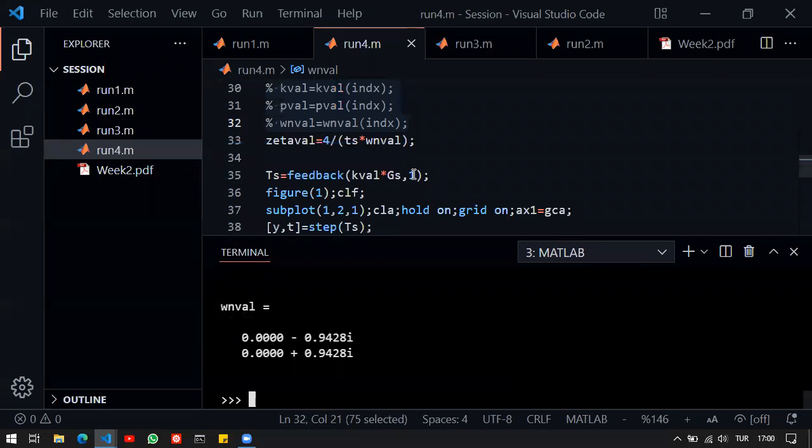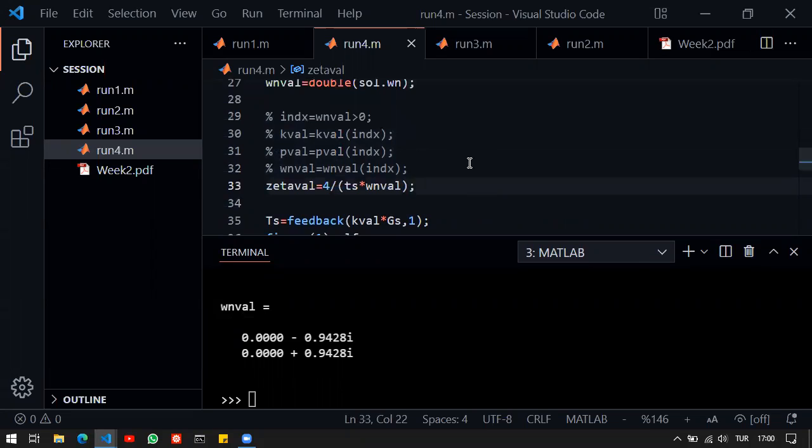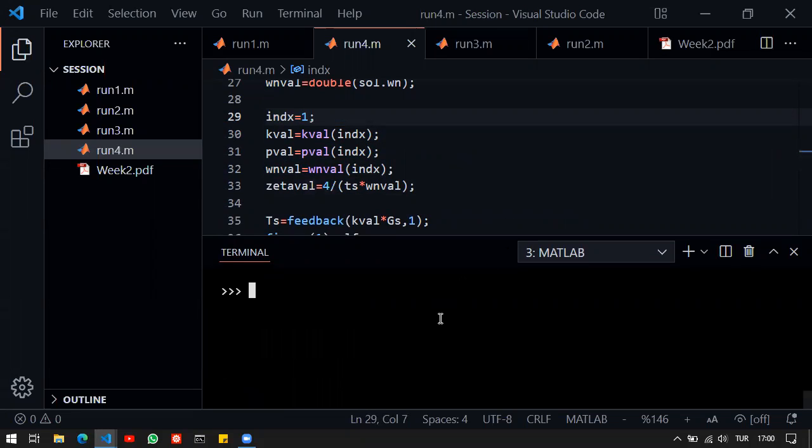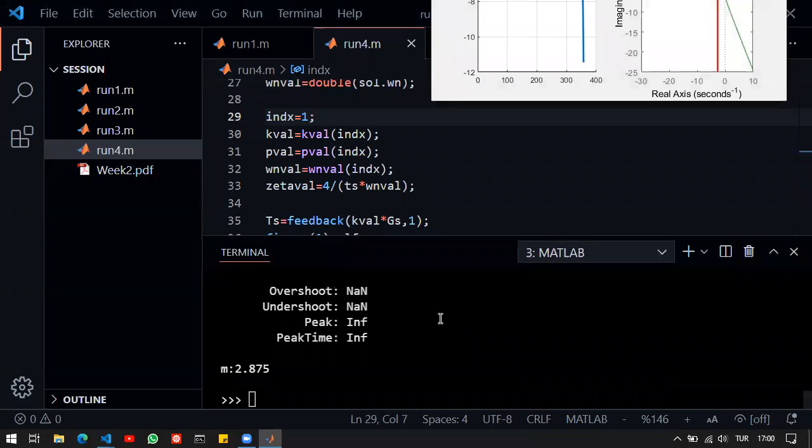Well, let's, for example, choose one of them. So instead of having this, let me just take just the first solution here. And we end up in this.